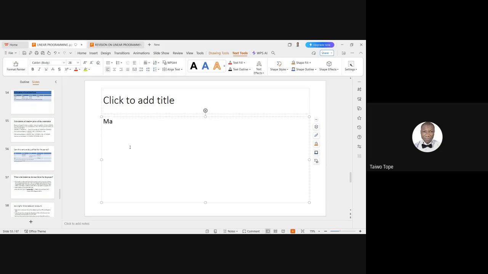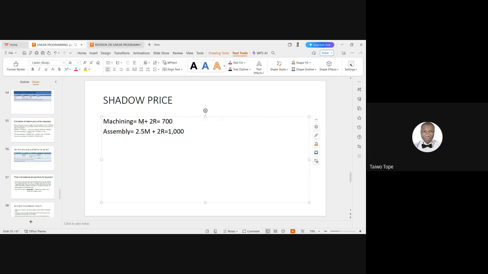We have two equations. Machining: M plus 2R equals 700. Assembling: 2.5M plus 2R equals 1,000.